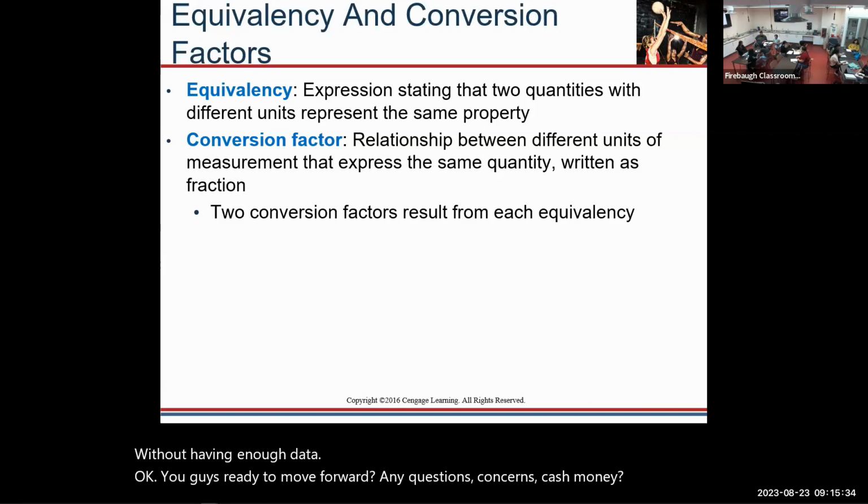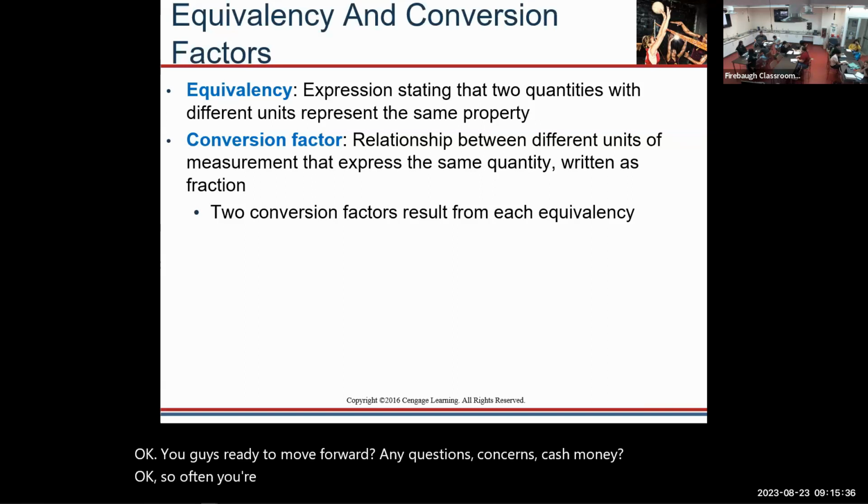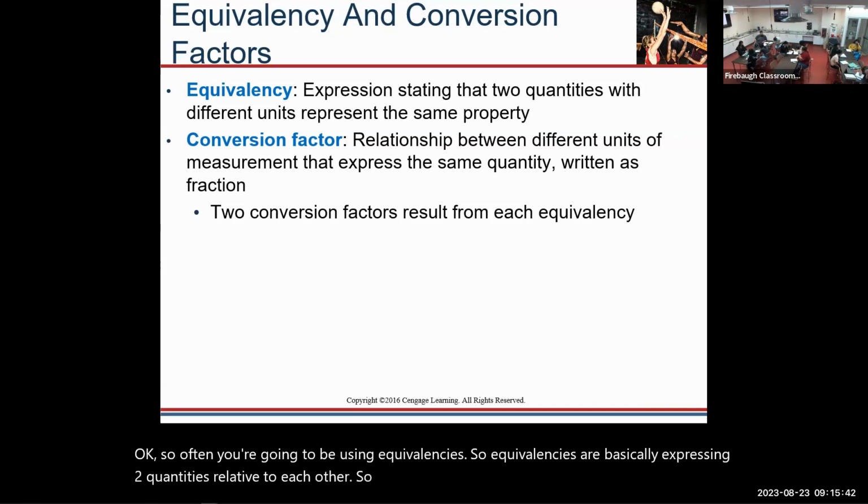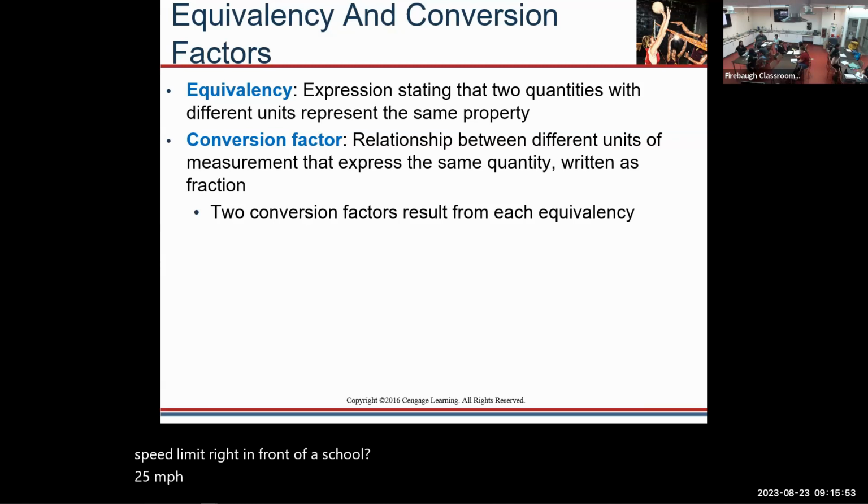Okay, so often you're going to be using equivalencies. So equivalencies are basically expressing 2 quantities relative to each other. So like if we talk about your speed limit. So what is the speed limit right in front of a school? 25 miles per hour, right? Give me my units because 25 means what? 25 minutes, right?